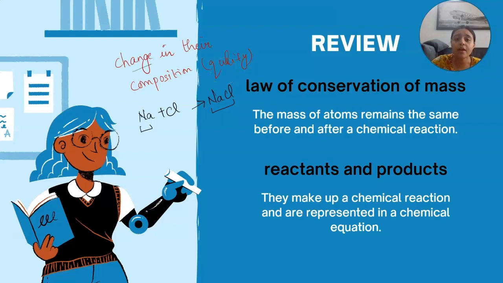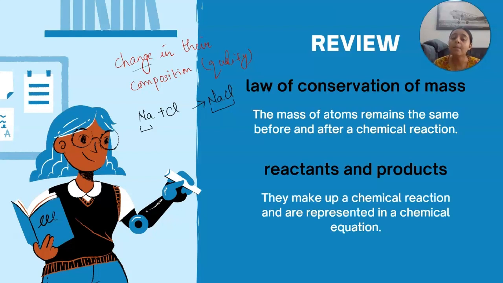Second point, we have understood that although a change in chemical composition is happening, there is conservation of mass in the whole reaction. How can we say that conservation of mass is maintained? By balancing the number of atoms in the whole chemical reaction.